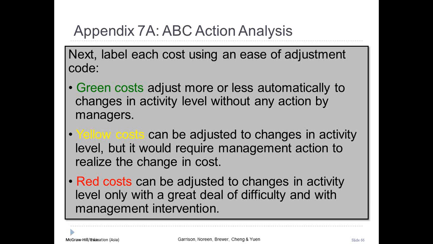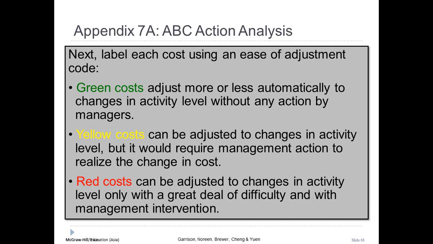Yellow costs can be adjusted to changes in activity level, but it would require management action to realize the change in cost. So for example, direct and indirect labor may be classified as yellow costs because management action would be required to hire or lay off employees.